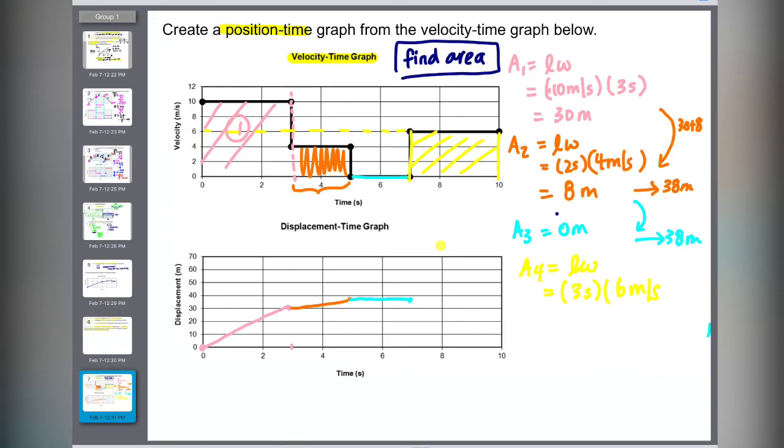I read across and line it up to the number. See how it says 6 over there? It helps if I don't cover it. So that's where I got the 6 from. So 3 times 6 is 18 meters. From 38, I now have to add 18. So 56 is the ending point. At the end of 10, I am now at 56.